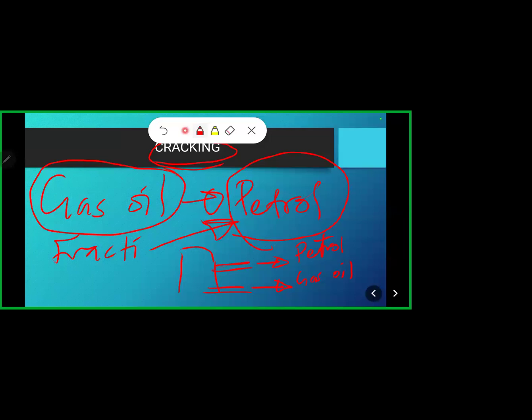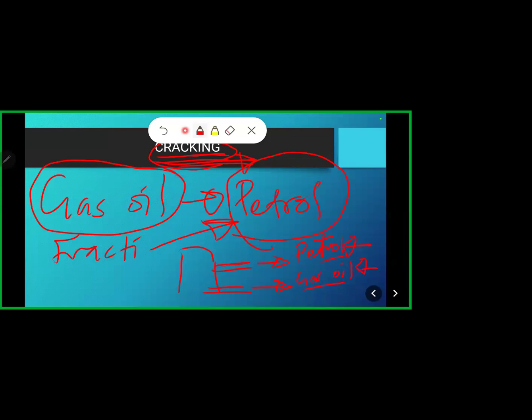Okay, so like I've explained, when we come to oil and petrol, cracking is a necessary process that we are going to use. Cracking is the breaking down of complex hydrocarbons into simpler hydrocarbons. In this context, the gas oil is the complex hydrocarbon, but it's being broken down into simpler hydrocarbons of petrol.